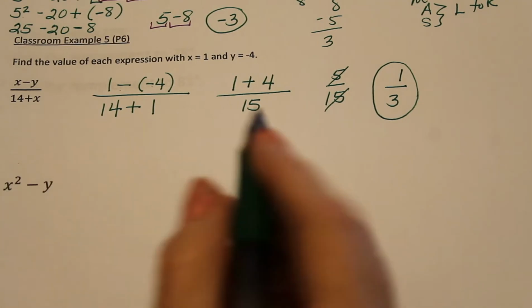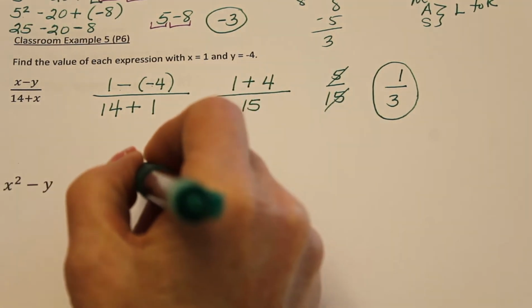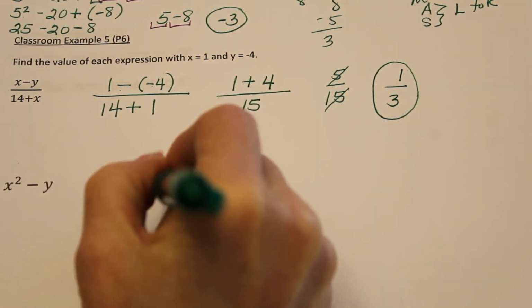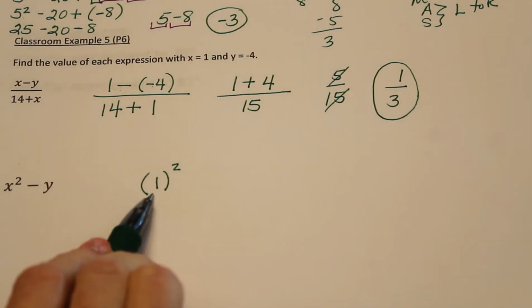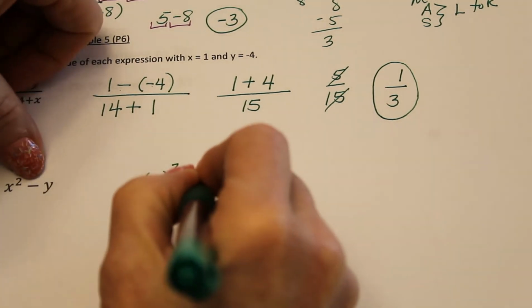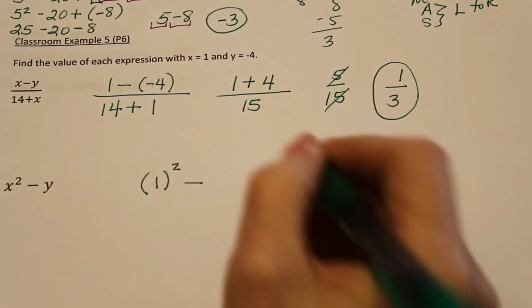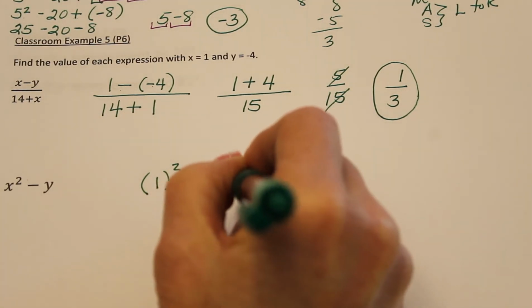All right, everywhere we see an x, we're not going to put x, we're going to put 1. And since it's being raised to a power, I'm going to put the parens in there to make sure I don't make a sign error. And then let's put our minus, and instead of y, put -4.